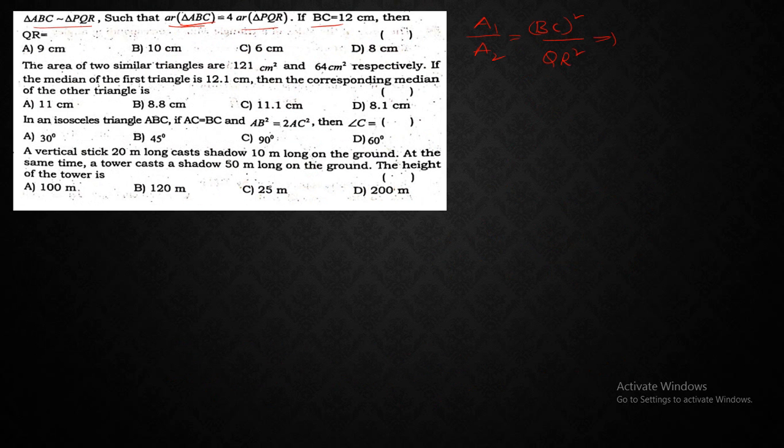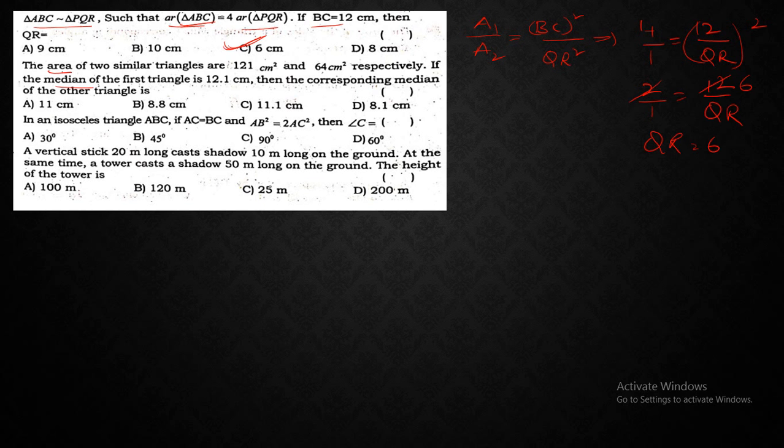So 4 by 1 is equal to, what is BC? 12 by QR whole square. When I transpose this square, this becomes 2 by 1 is equal to 12 by QR. Now this gets cancelled 6 times. When I do cross multiplication, QR is equal to 6 centimeters. So the answer is 6 centimeters.